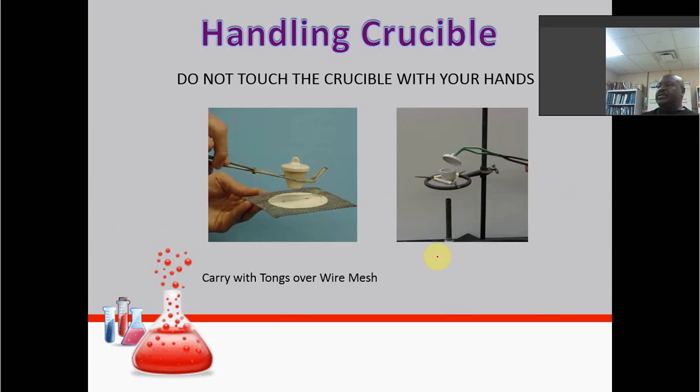That's the heating system. You usually want to leave the cover slightly offset so that it can let out a little of the oxygen that's being produced. You don't want it sealed because then it will pressurize, and pressurized systems are not good.